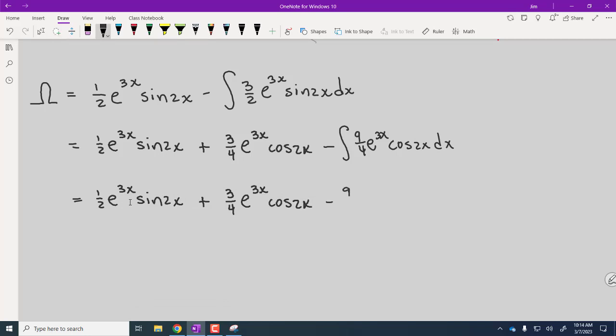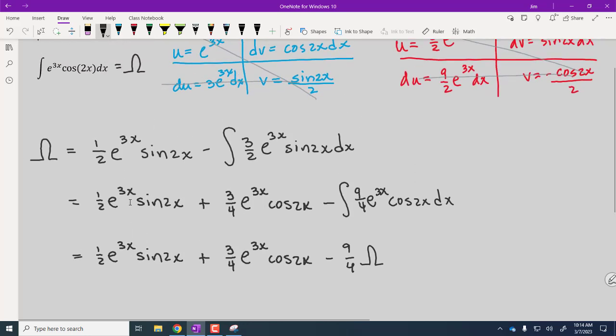So that will be minus 9/4 omega. Everyone okay with that? Omega is the integral of e to the 3x times cosine 2x. So if we factor that coefficient out, we just have negative 9/4 times the original integral.